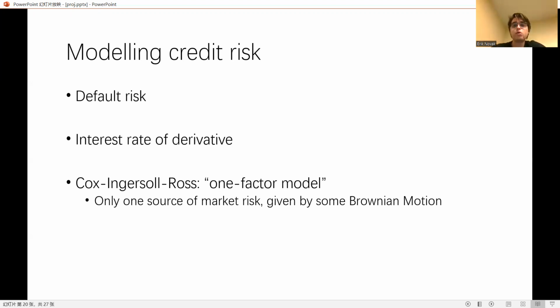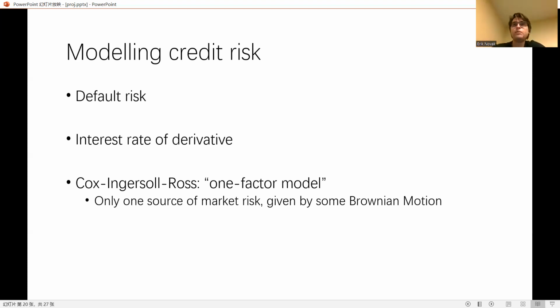And we're also able to model the interest rate of a variety of different derivatives. In this case, derivative means some financial instrument or tool that was created based on the idea of the credit risk. And so we're also able to model what the interest rate of those financial instruments ought to be from the default risk, the underlying default risk of the firm.